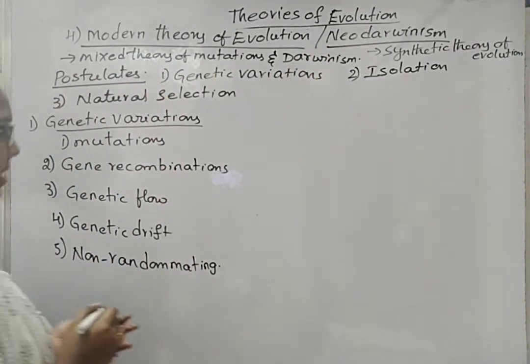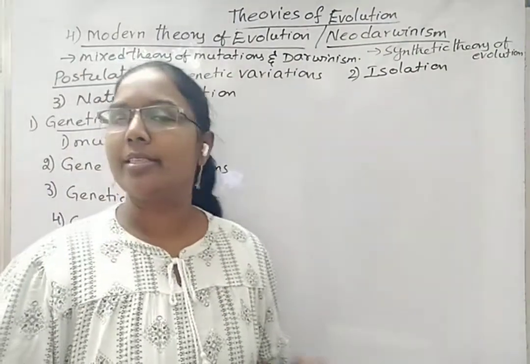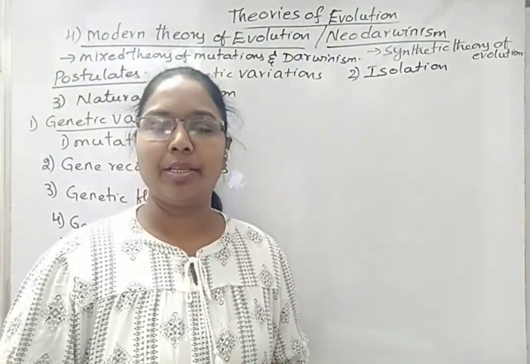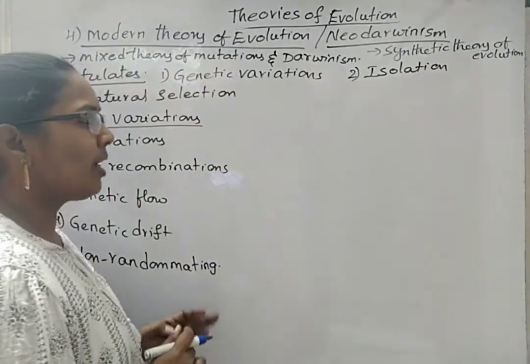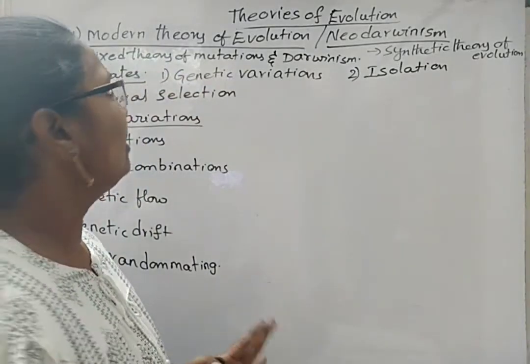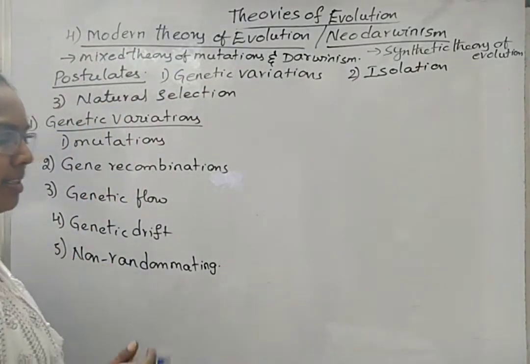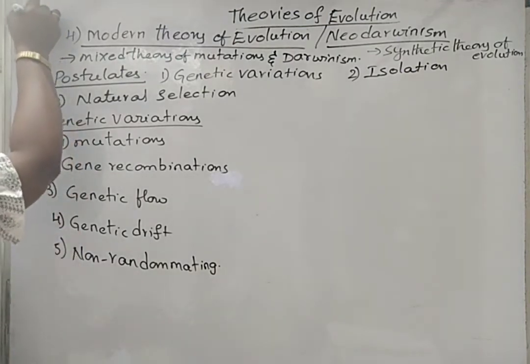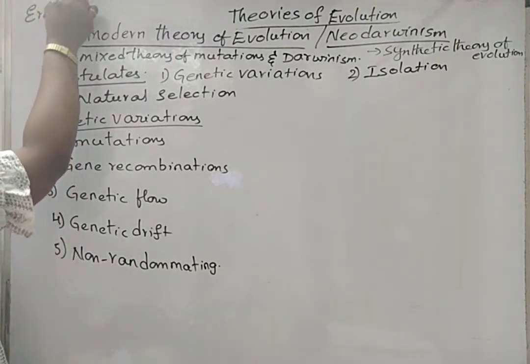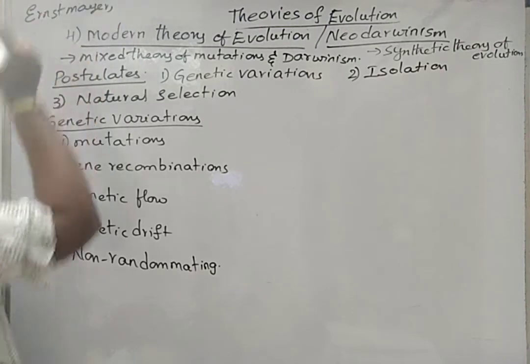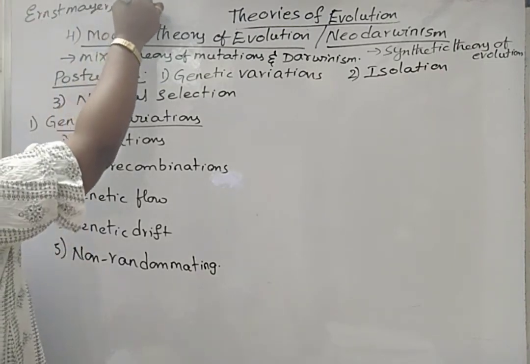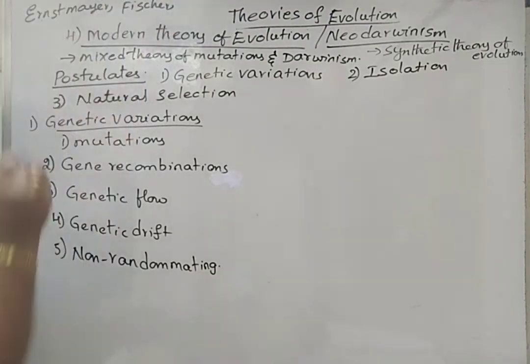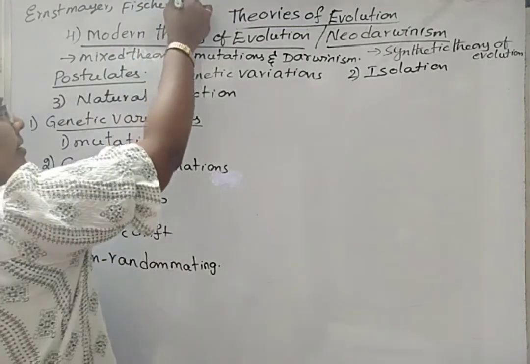What are the postulates given and who gave these postulates? It is not the theory given by one particular person. Many scientists have been involved in giving this theory. Some of them are Ernst Mayr, Fisher, and another scientist is Haldane.